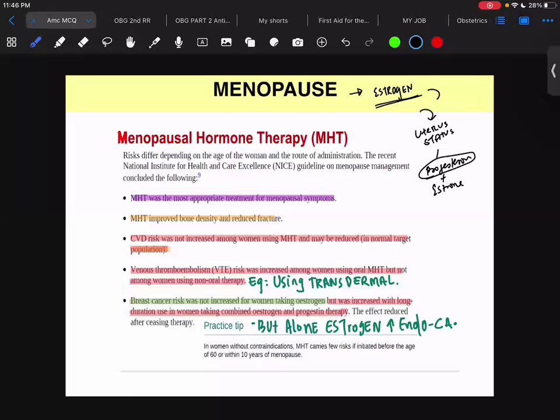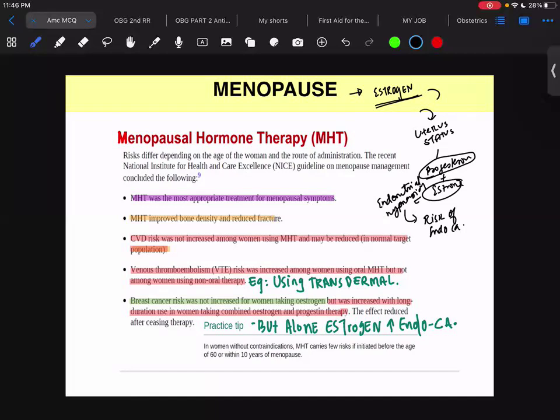Estrogen alone can result in endometrial hyperplasia, and eventually the patient is at risk of endometrial carcinoma. So the reason we add progesterone with the estrogen is to decrease the risk of endometrial carcinoma.